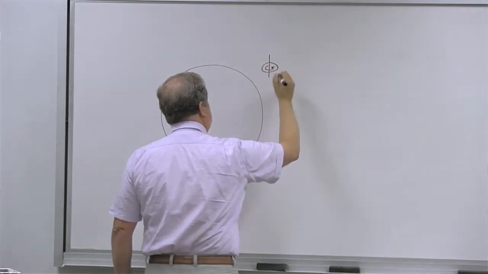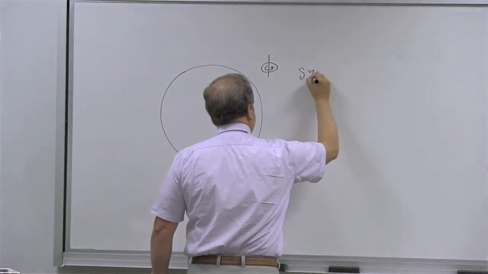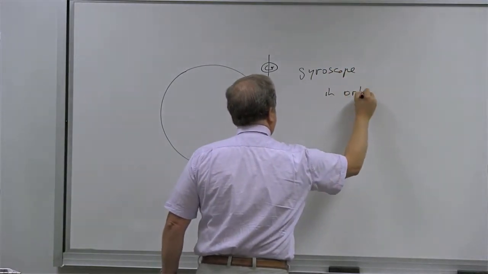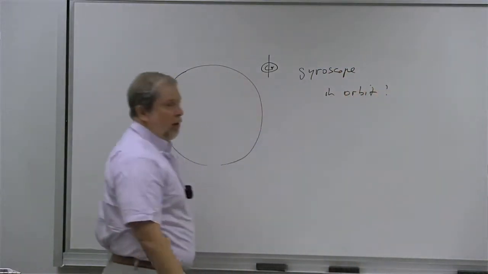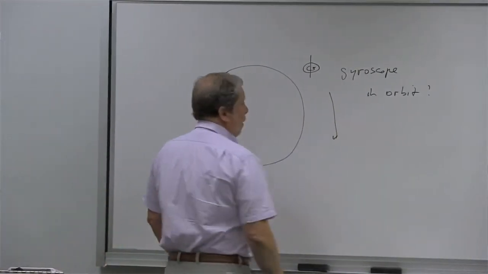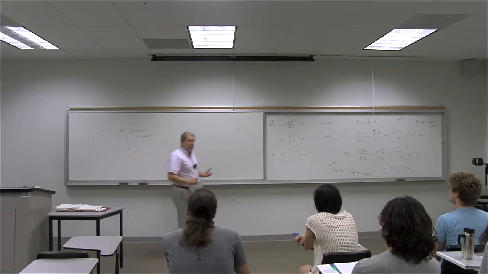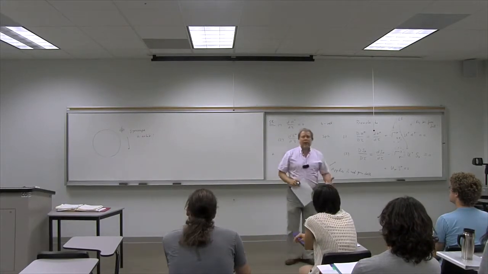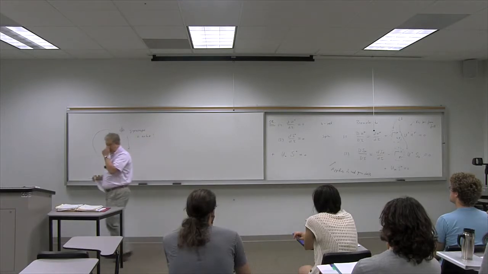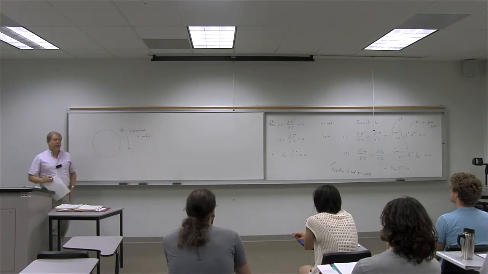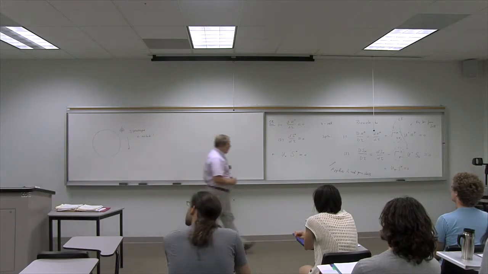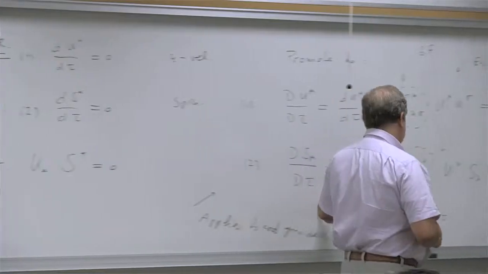So there's something that spins like this, for example, some sort of gyroscope. So if you have a gyroscope in orbit, then when it is in orbit, of course, it is free falling, right? It is under the influence of a gravitational field exclusively, right? There might be other fields, but they're usually quite weak. And so because of that, a gyroscope that is orbiting the Earth is in fact described by this second equation.